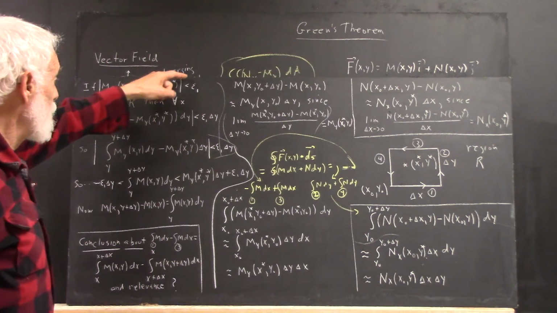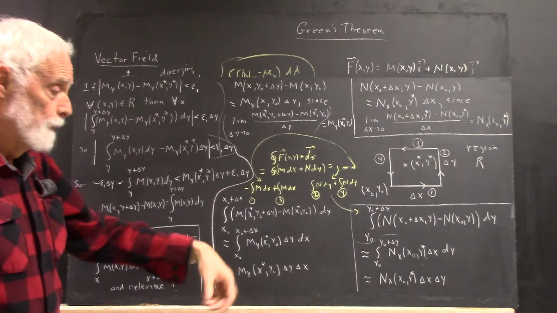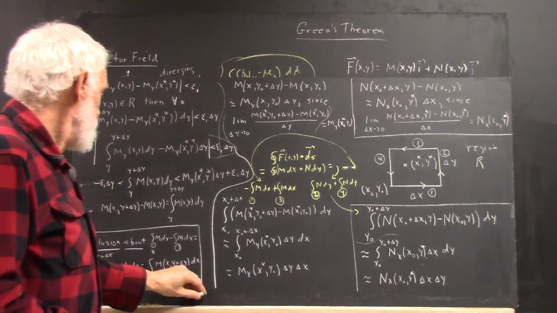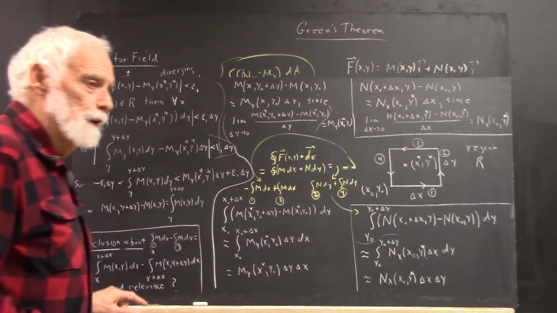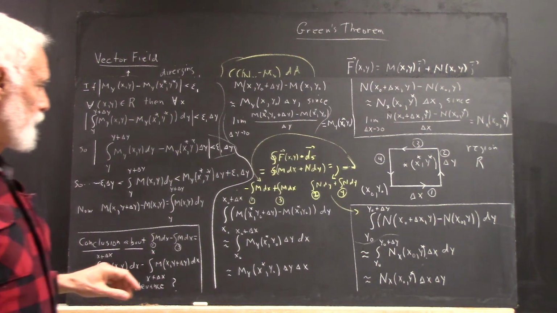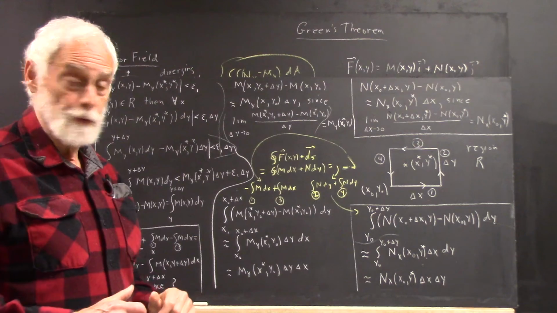Now, I used epsilon 1 here. Then for the n function, if you make the argument, you're probably going to use epsilon 2. See how close you could get to at least proving the theorem, let's say, for any region that can be broken up into small rectangles.